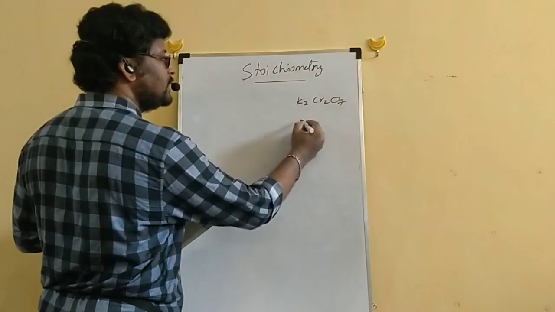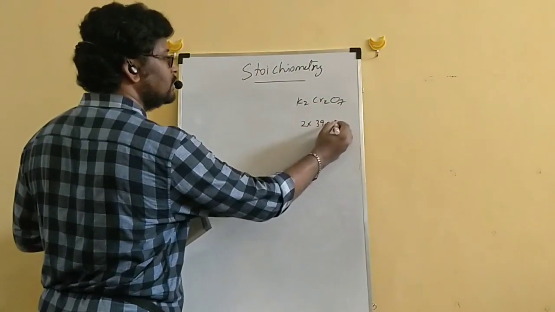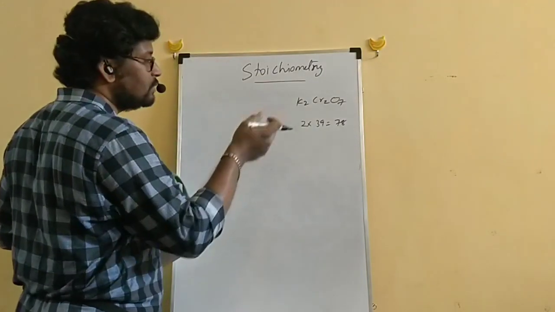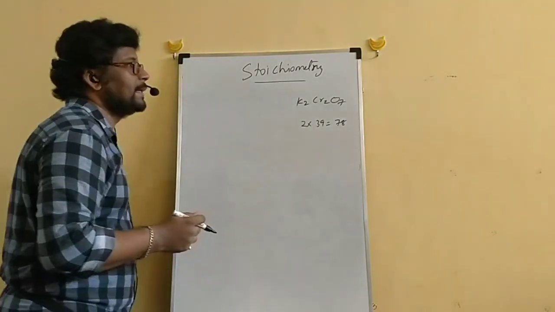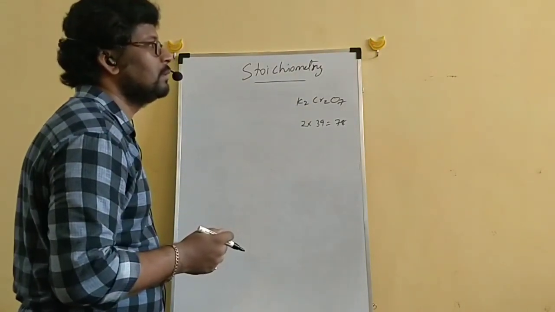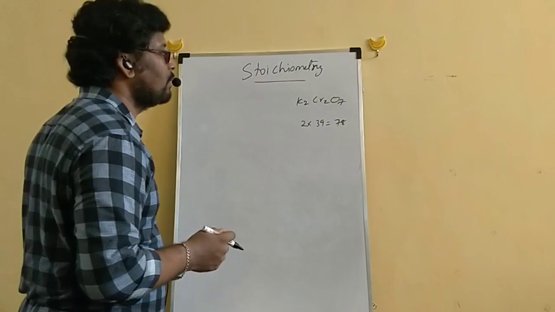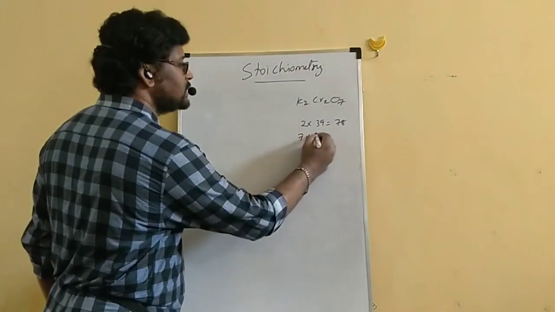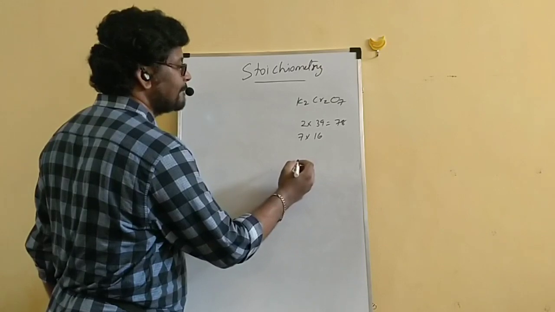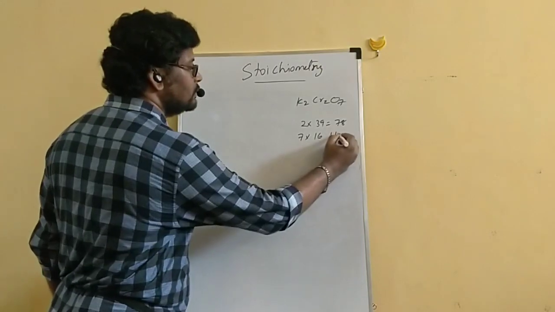K2Cr2O7 gram molecular weight: 2 into 39, 78 grams. Chromium 52, 2 into 52, 104. Seven into 16, 112.